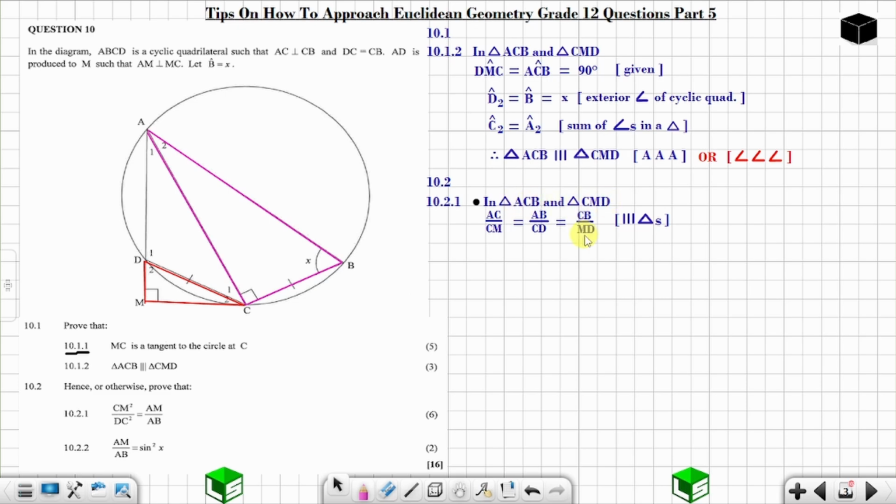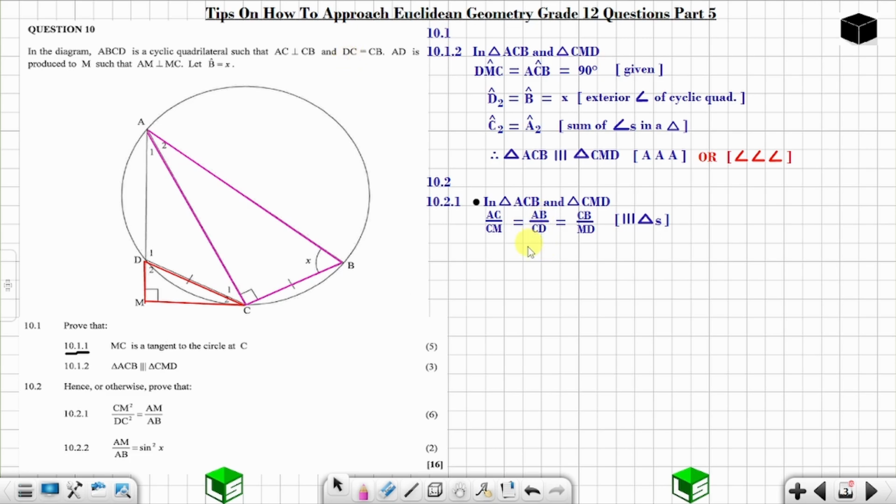Now, can you see? You can have DC squared. You have DC or CD, which is the same. So you need DC squared. If you do cross multiplication with CB, you have CB is equal to DC.